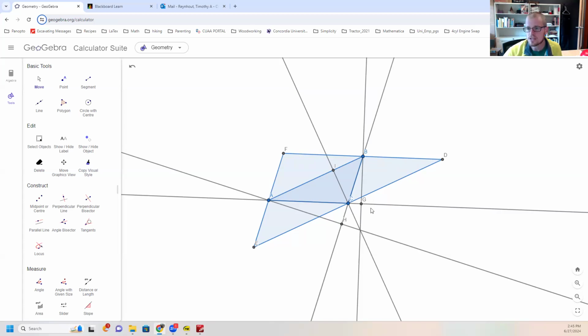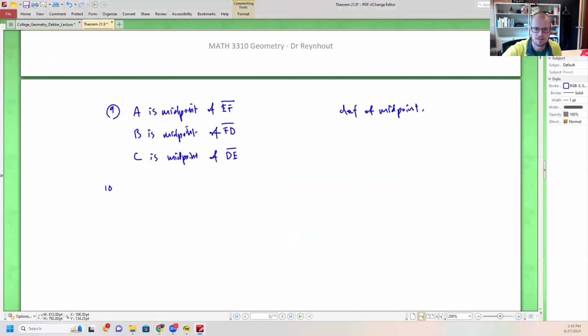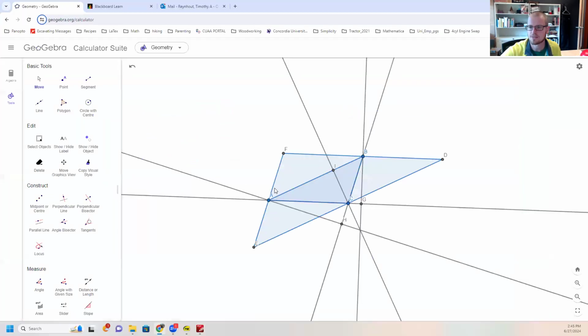So BG is the perpendicular bisector of the line segment FD.